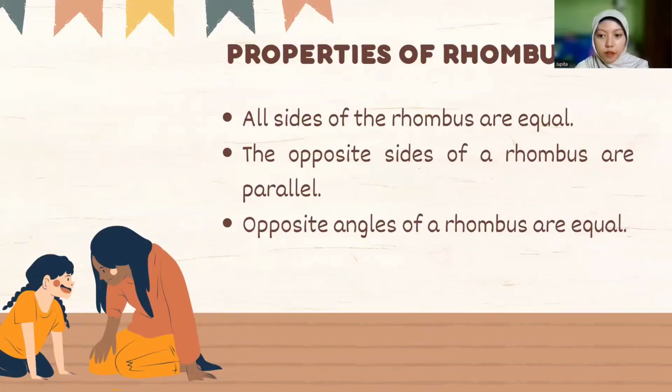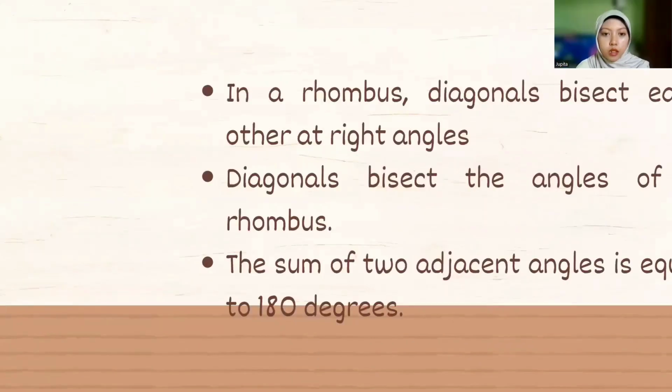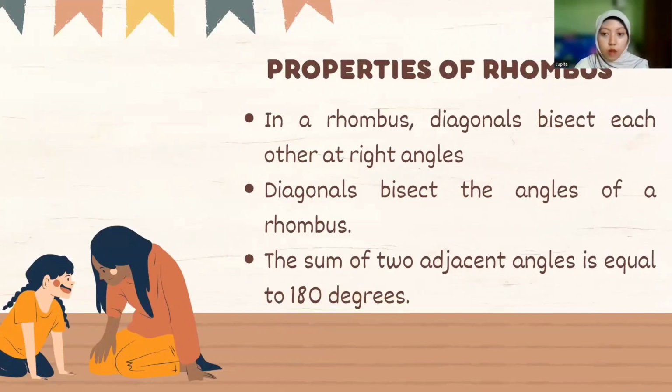Opposite angles of a rhombus are equal. 4. In a rhombus, diagonals bisect each other at right angles. 5. Diagonals bisect the angles of a rhombus. 6. The sum of two adjacent angles is equal to 180 degrees.